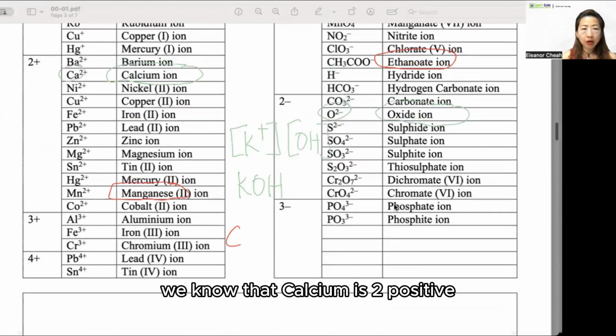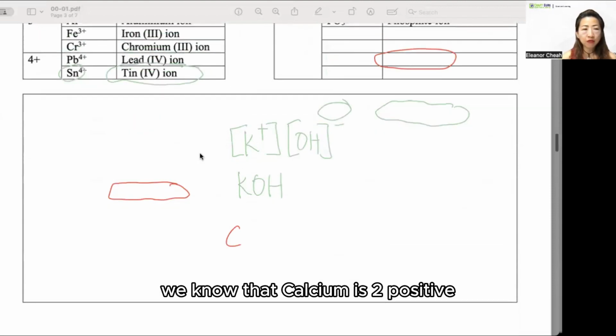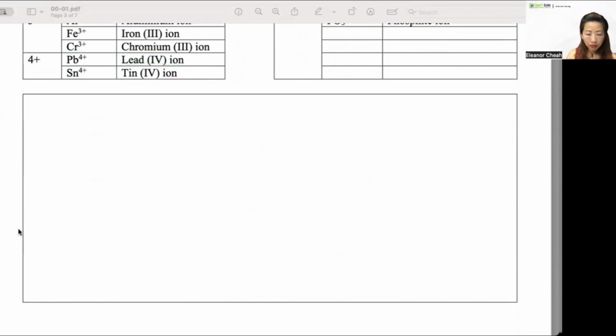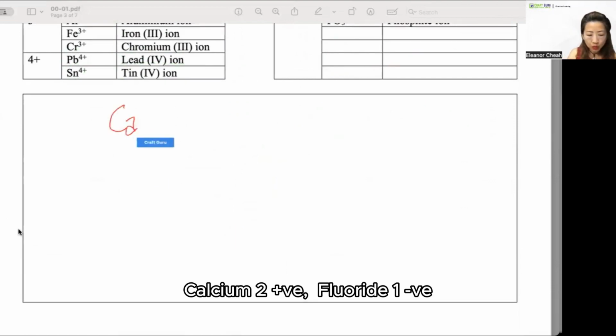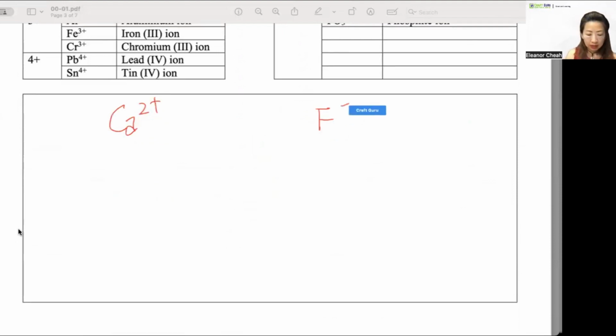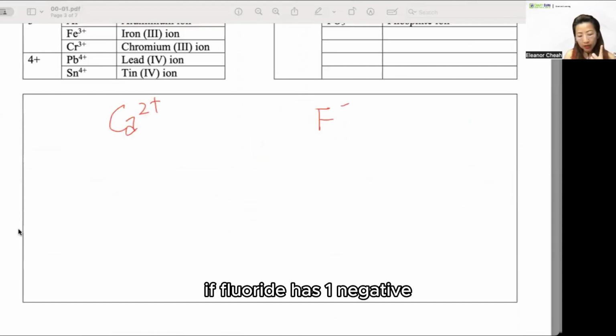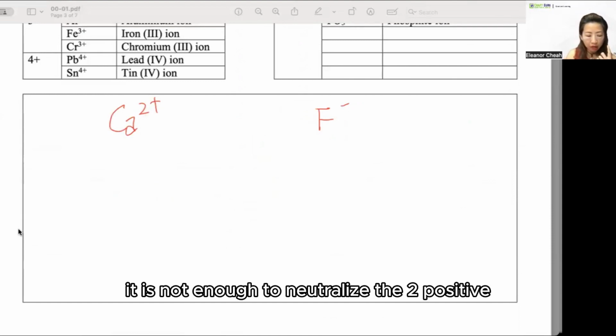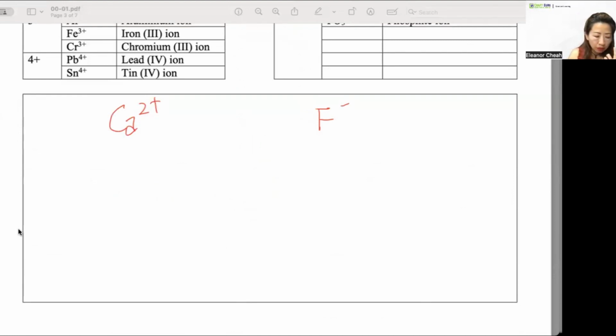We know that calcium is 2 positive, fluoride is 1 negative. If fluoride has 1 negative, it is not enough to neutralize the 2 positive.